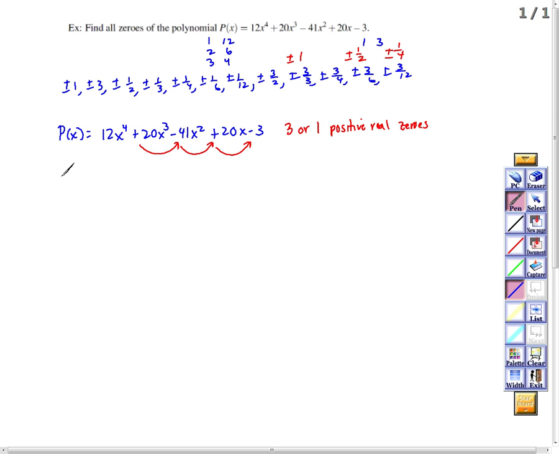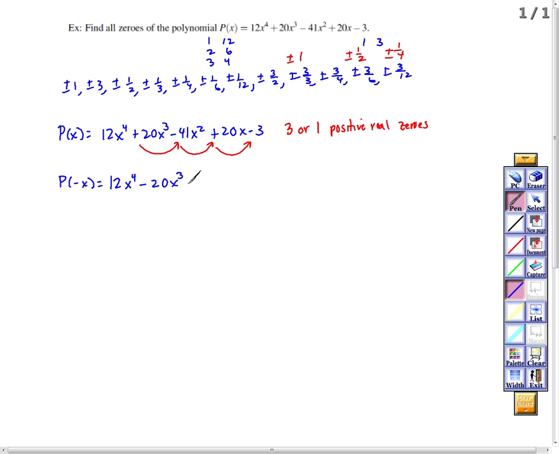Then we do p of negative x. And we plug in negative x into x in every single position. When we do so, we have to change the signs of the terms that have odd powers for x. So the even powers have the same sign. So 12x to the fourth stays positive. Plus 20x cubed changes to minus 20x cubed.